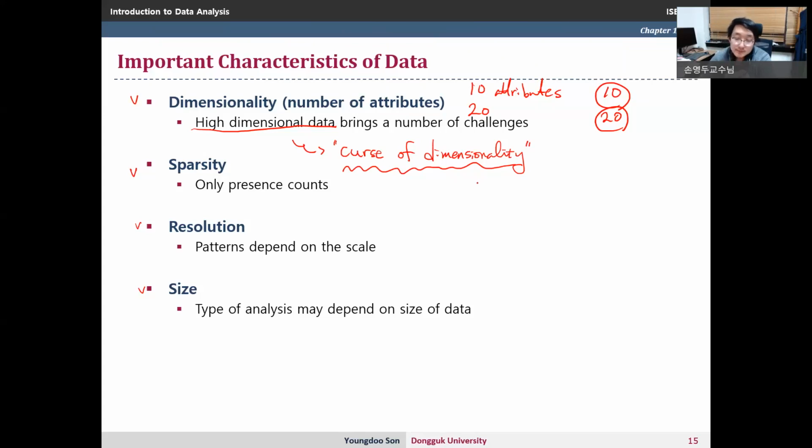So many analysis methods based on distance perform poorly if the dimensionality of data is very high.